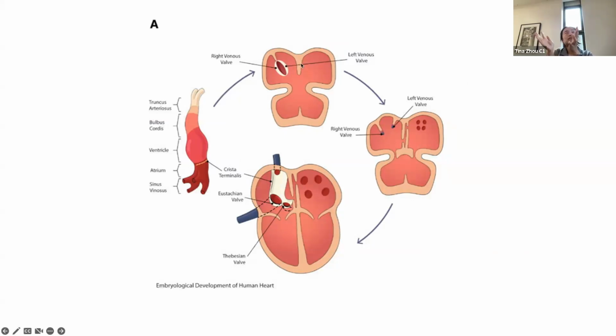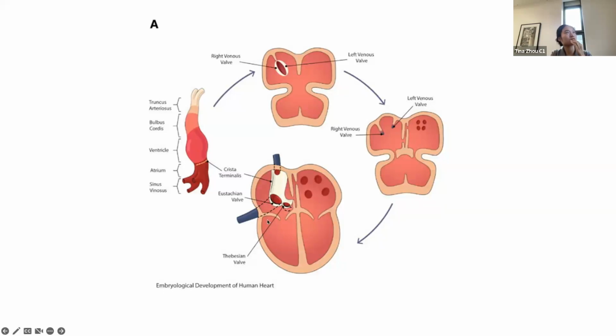During fetal development, these valves help direct the blood to the left side of the heart rather than through the right ventricle. The left venous valve continues to regress, while the right venous valve eventually forms the eustachian valve at the IVC, as well as the Thebesian valve that we saw earlier.